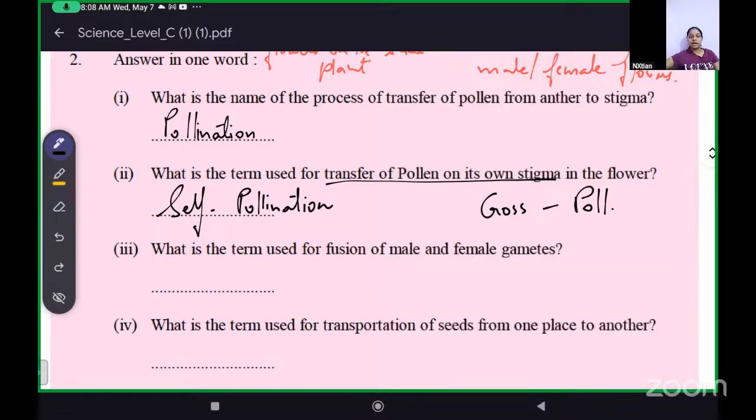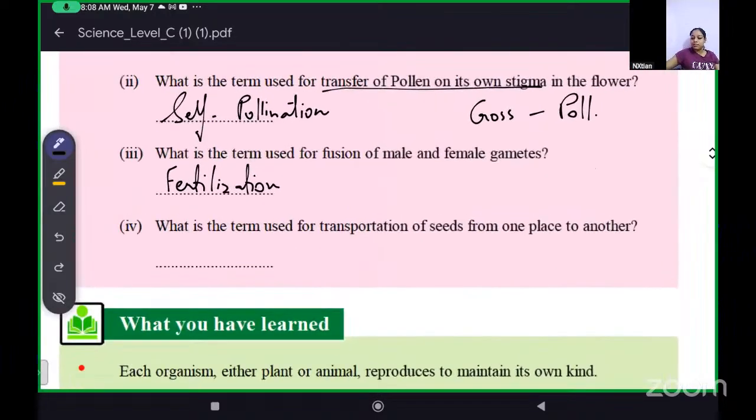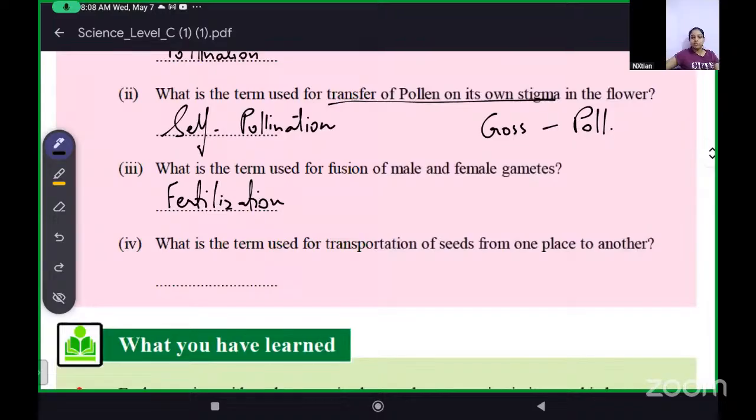Okay? And when it's the flower itself, that is known as self-pollination. Ma'am, I got the answer for the next one. Yes, Emma. The answer is fertilization. Okay, and the last one, what is the term used for transportation of seeds from one place to another?